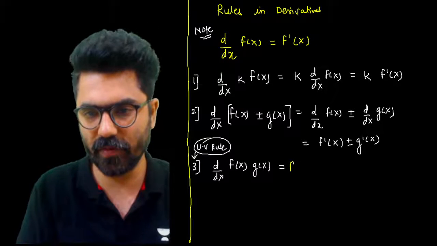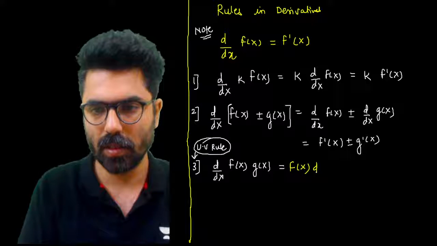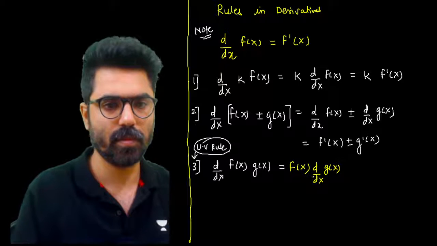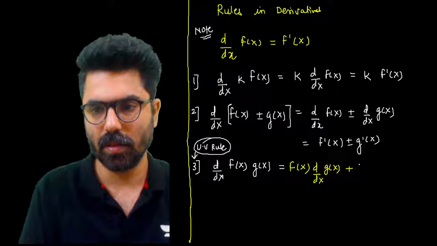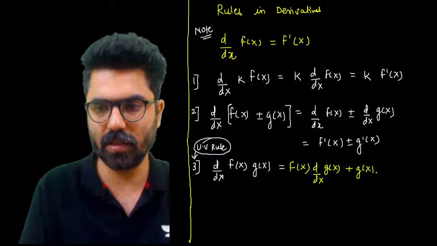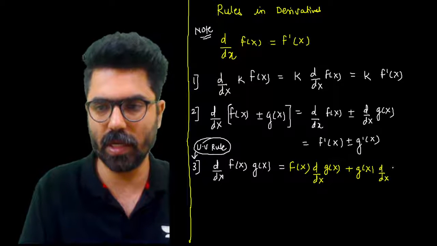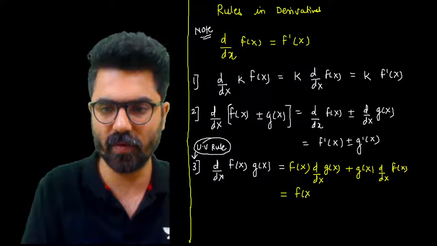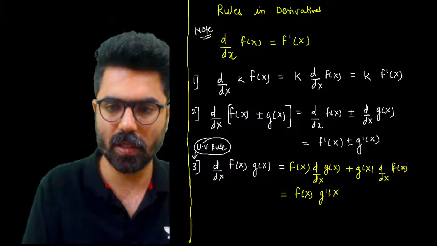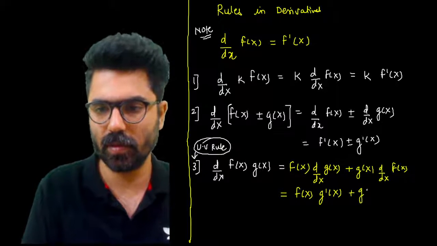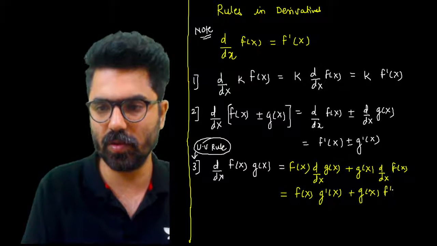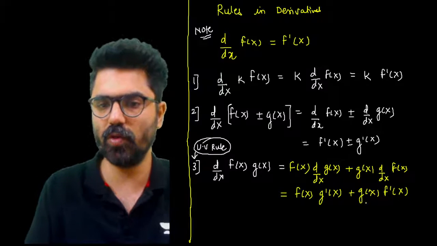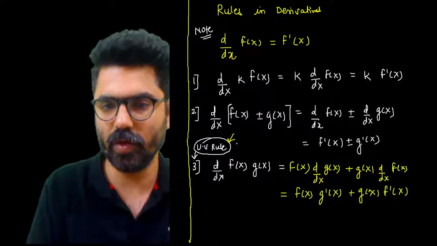In this, you have to keep the first function as it is into the derivative of the second function plus the second function as it is into the derivative of the first function. So this results into f of x into g dash of x plus g of x into f dash of x. This is what the UV rule, the product rule, is.